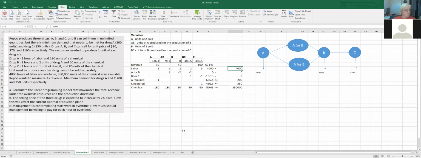Sensitivity analysis, very important for you to understand. As I said last time, I think I say it again, you will not be required to set up and solve with Solver a linear programming problem in order to produce the sensitivity report.